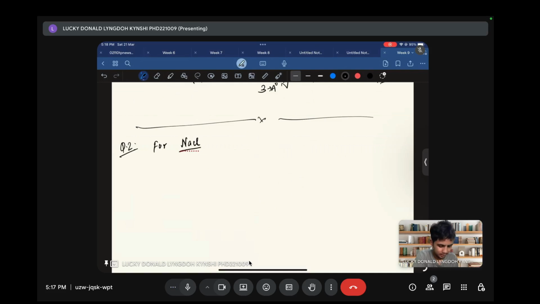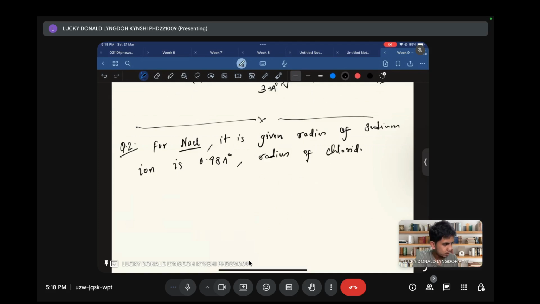It is given that the radius of the sodium ion is 0.98 Armstrong, and the radius of the chloride ion is 1.81 Armstrong.